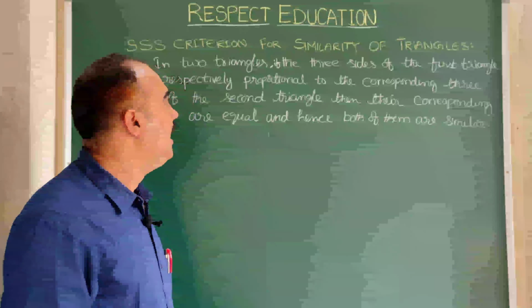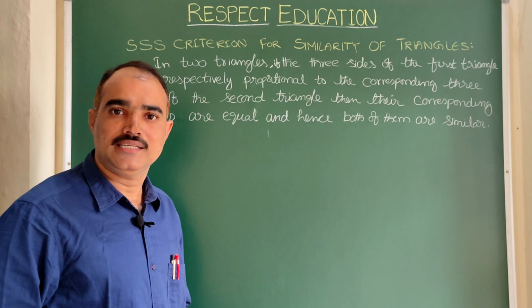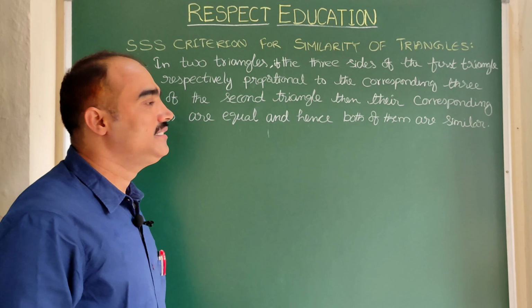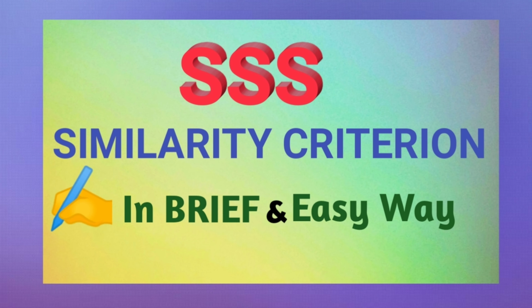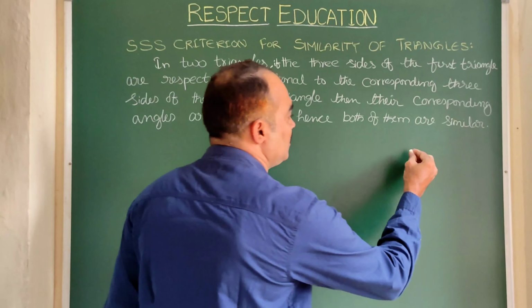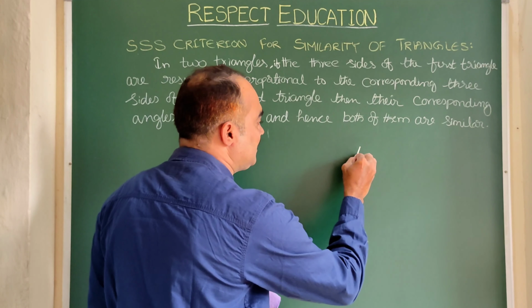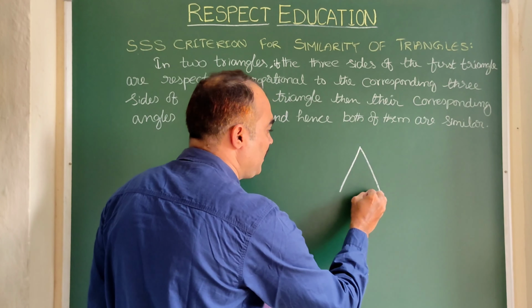Now let us see at a glance the SSS criterion for similarity of triangles. So here let us consider two triangles.